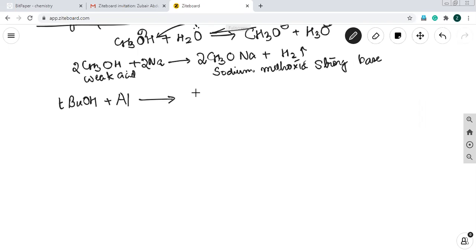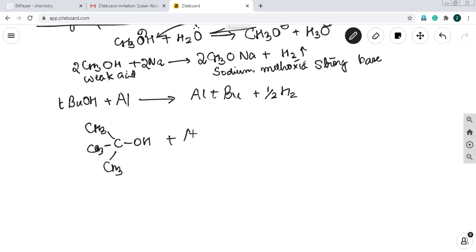You get aluminium t-butoxide plus half H2. I'll write the full structure. See, t-butyl alcohol is this one: C, OH, CH3, CH3, plus Al.